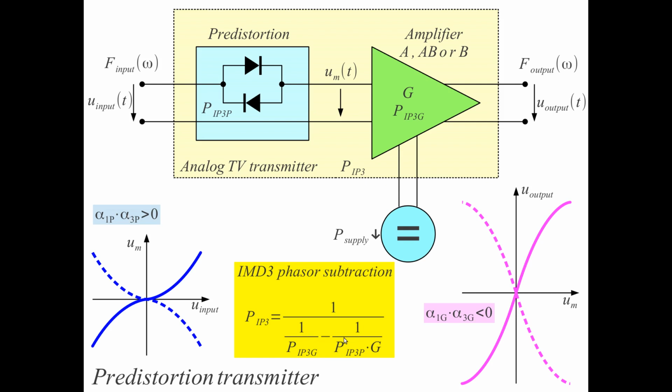Of course, the real equation is not as simple as this one here, but this equation tells us immediately that if the IMD3 generated here and generated here do subtract from one another, because of the opposite sign of the alpha 3 here, then we can reduce our distortion or drive the amplifier to higher powers, improving the efficiency of the amplifier.